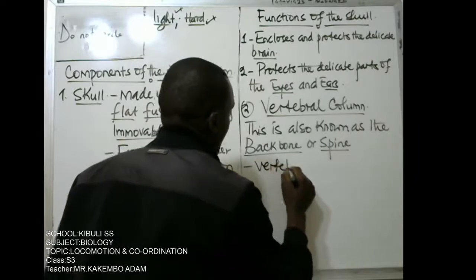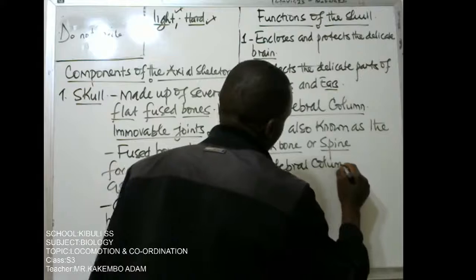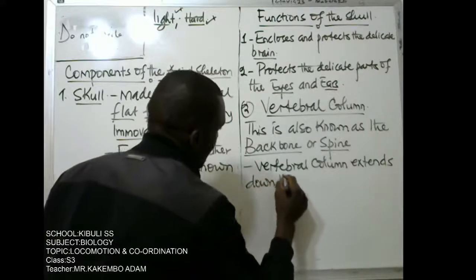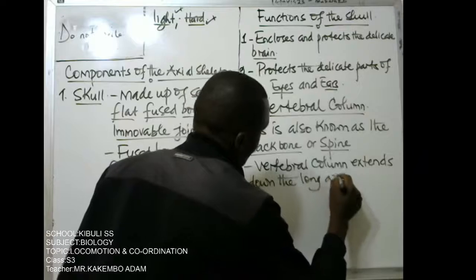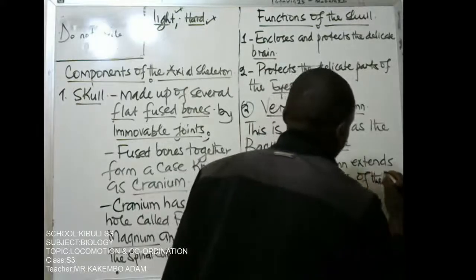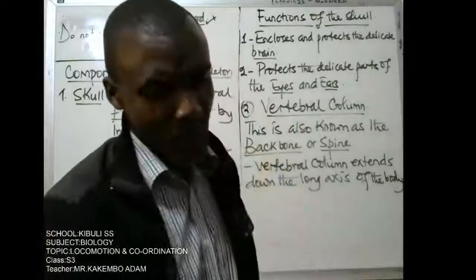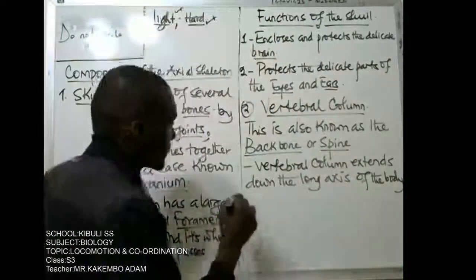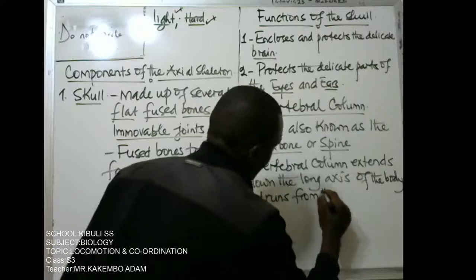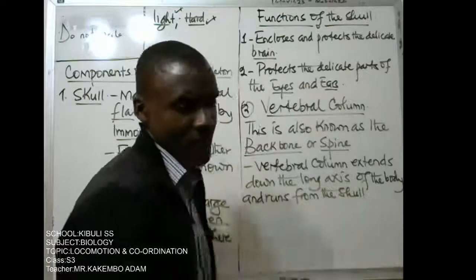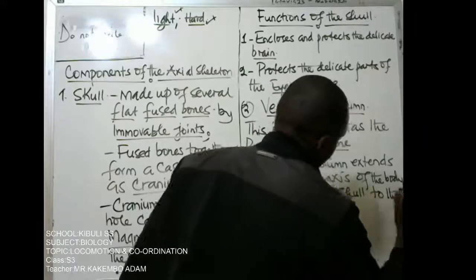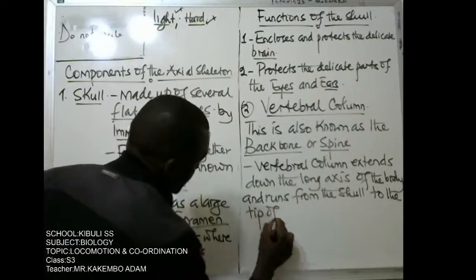The vertebral column extends down the long axis of the body and runs from the skull to the tip of the tail.